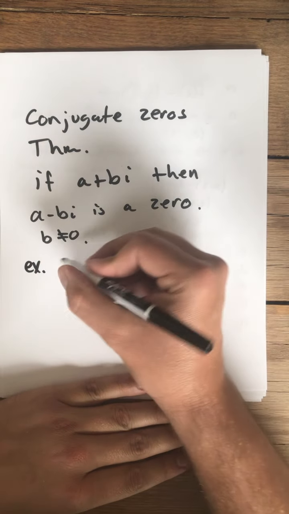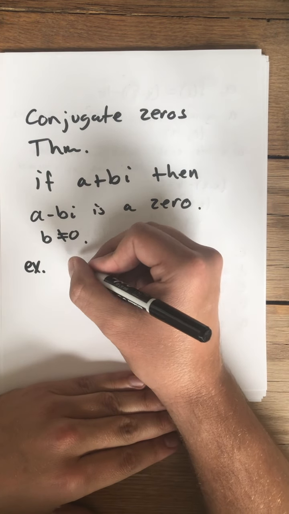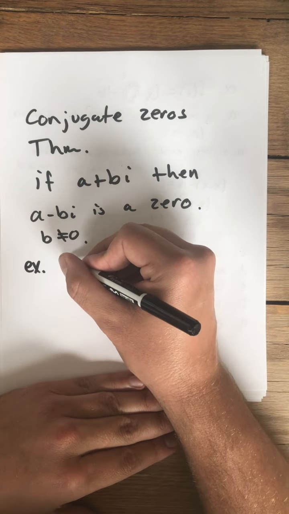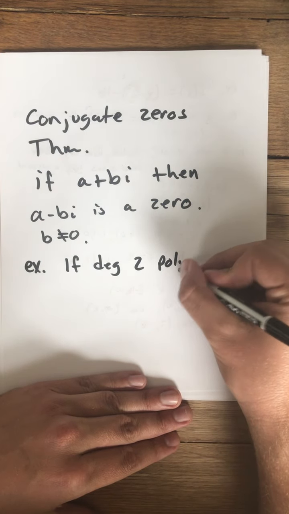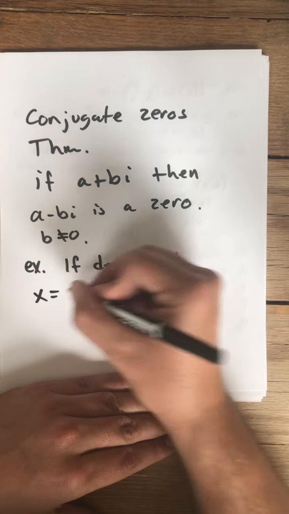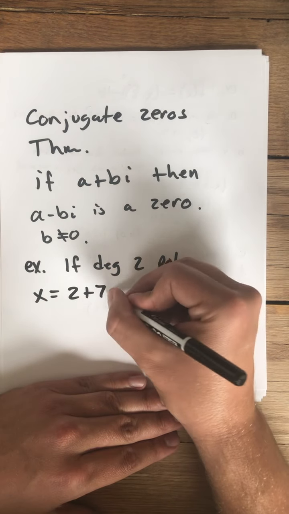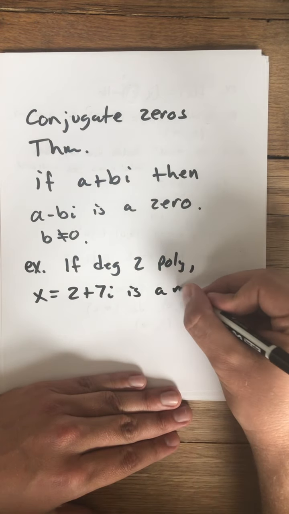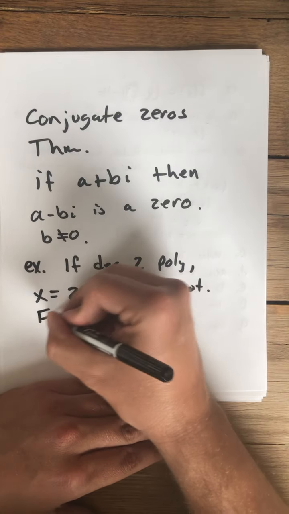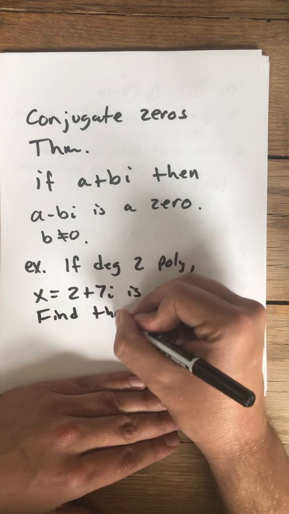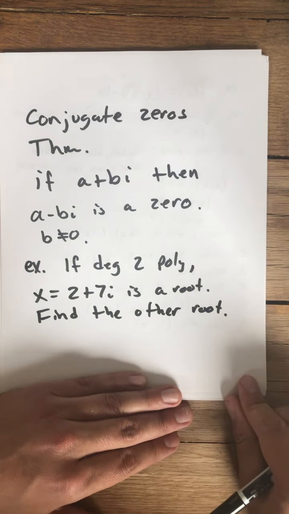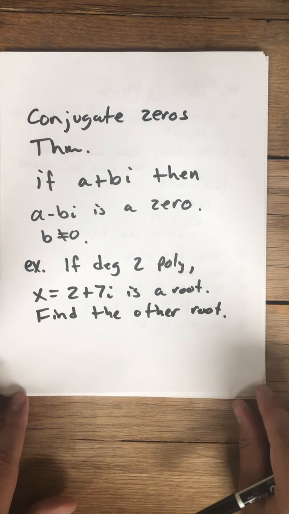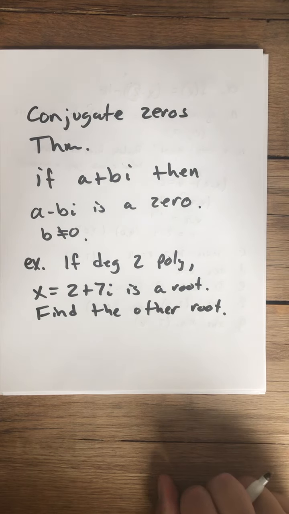For example, if we have a degree 2 polynomial and x equals 2 plus 7i is a root, find the other root. Root and zero are interchangeable: zero of a polynomial and root of a polynomial are synonyms.